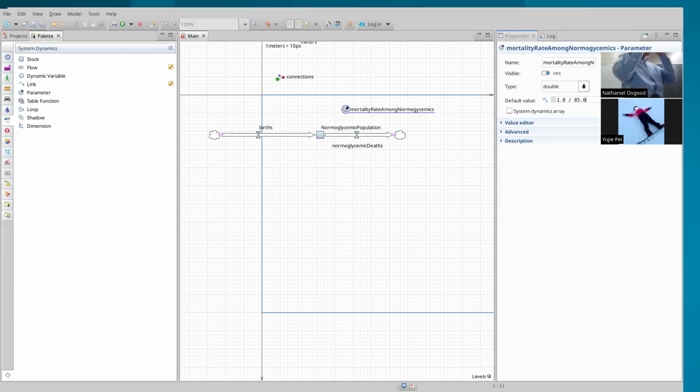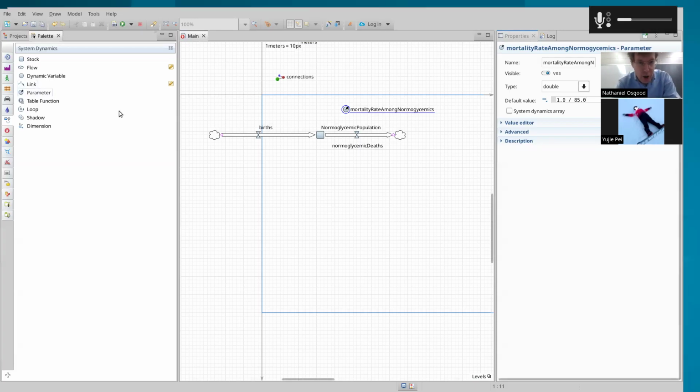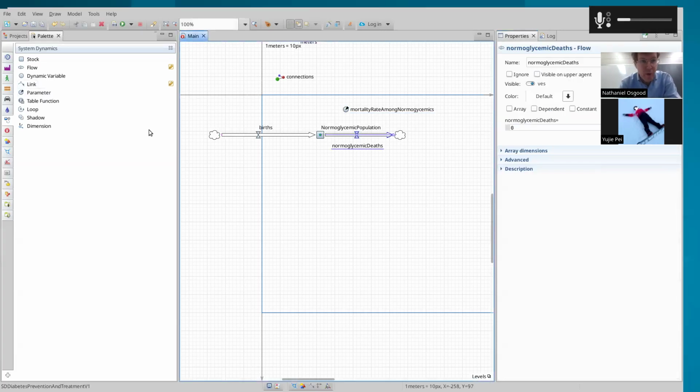So, with your leave, I'm going to go hitch up. I'm going to put a formula in this flow. When we give a formula, this is quite important, and it's a principle of system dynamics.